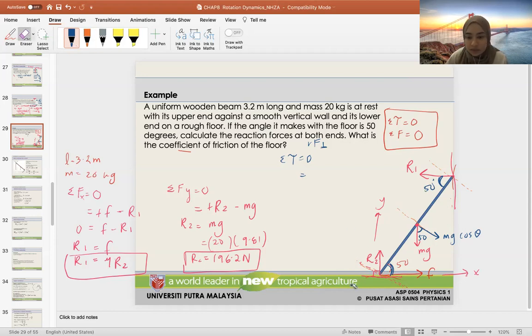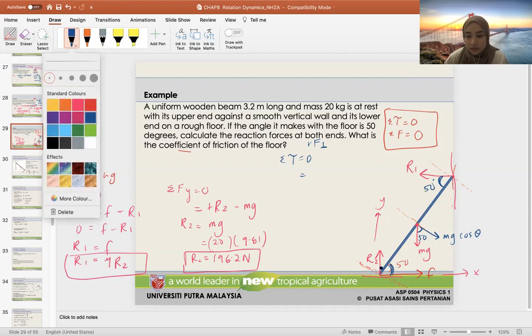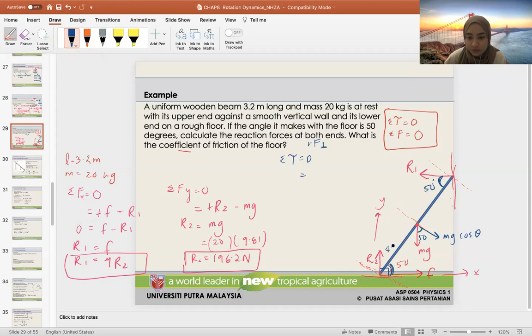I'm going to erase the 90 degrees here. So here is 90 degrees, and 90 minus 50 gives you 40. Then this is also 90 to the beam. So if this is 40, this should be 50. So the angle between R2 and the perpendicular direction is 50 degrees as well.